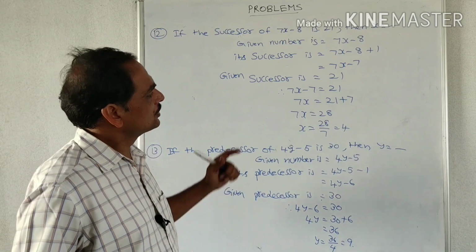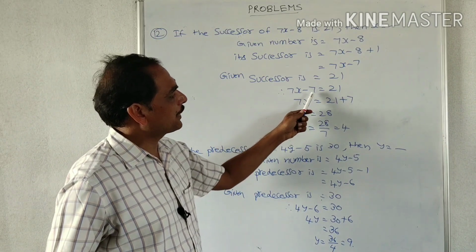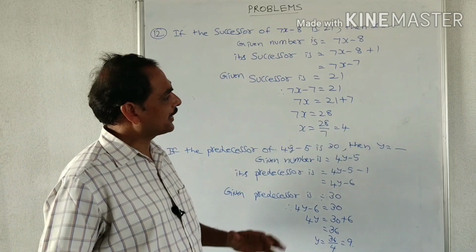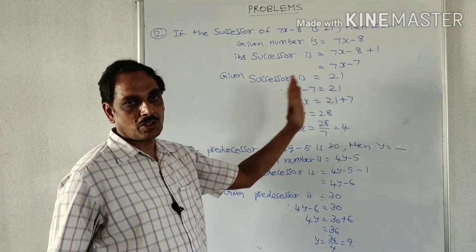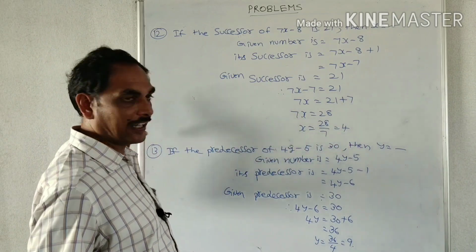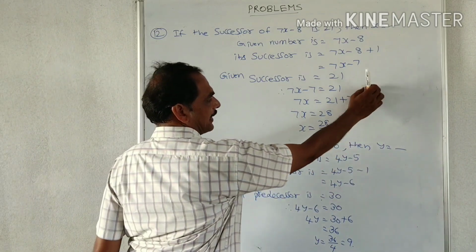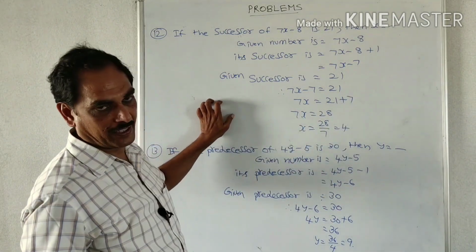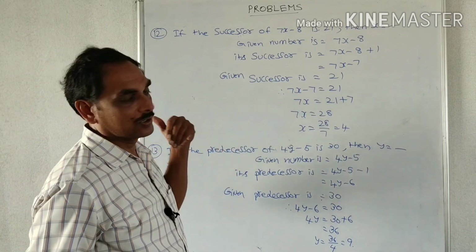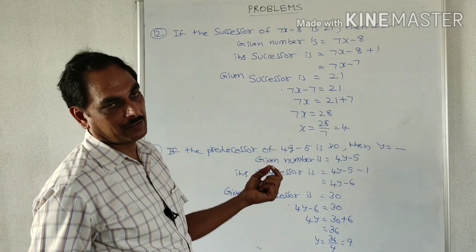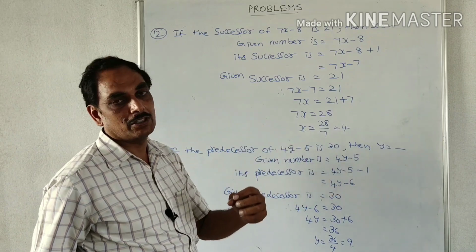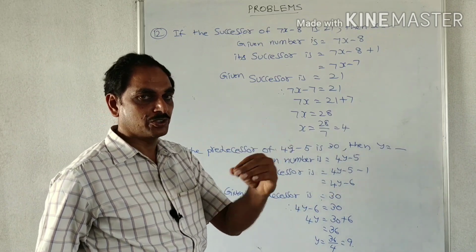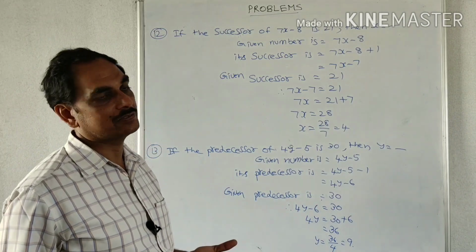This is the process to find the value of a variable in algebraic expressions. In 7x minus 7 equal to 21, we transpose minus 7 from LHS to RHS. LHS means left hand side, and this is the right hand side. When we transpose a number from one side to the other side, its sign is changed from positive to negative or negative to positive.